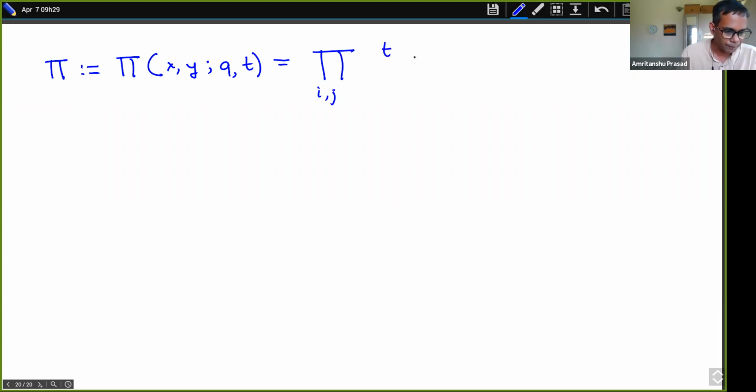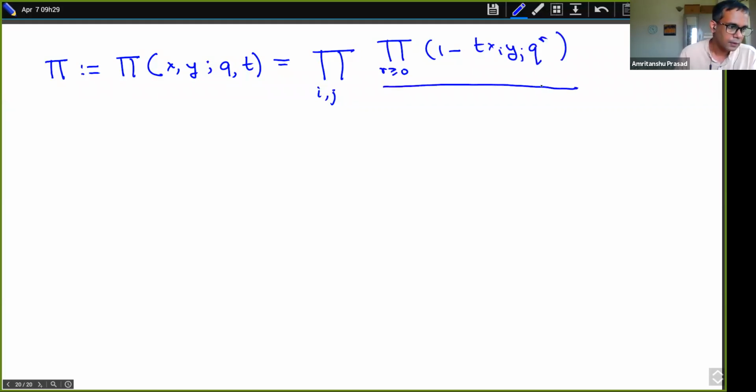It is defined to be the product over i, j of the product over r greater than or equal to 0 of 1 minus t xi yj q to the power r, divided by the product over r greater than or equal to 0 of the same thing without the t.